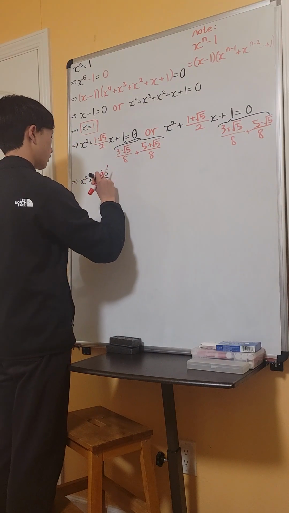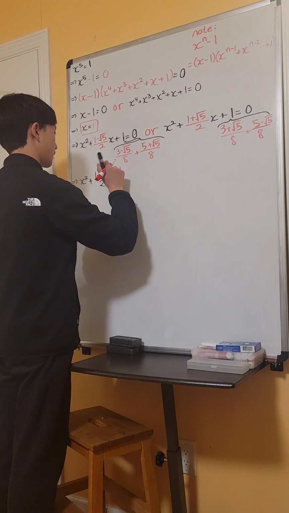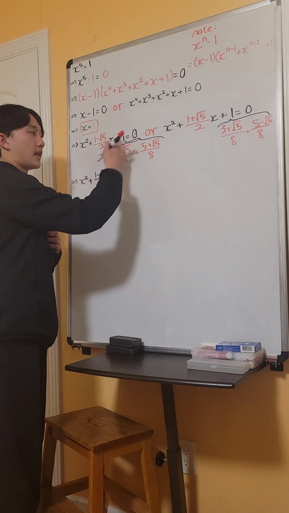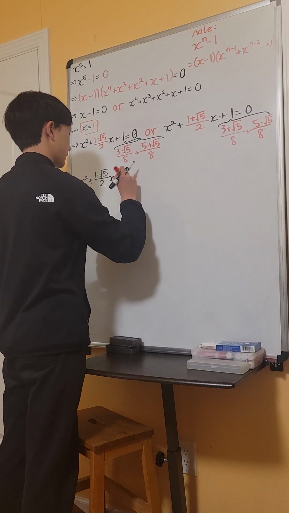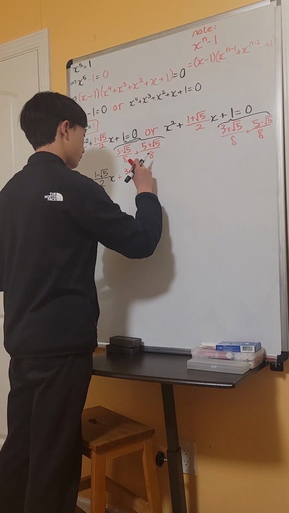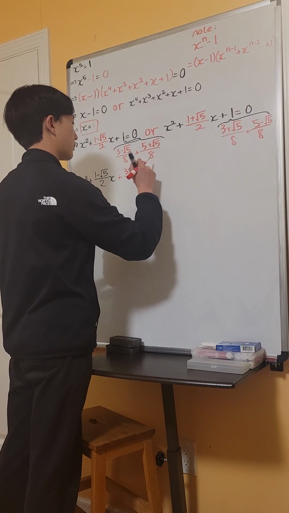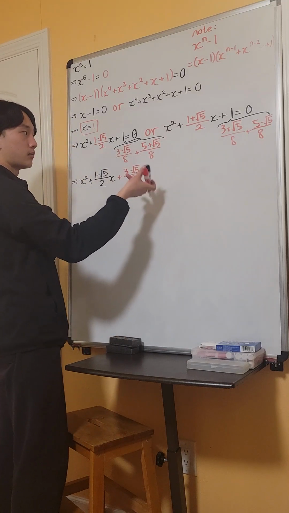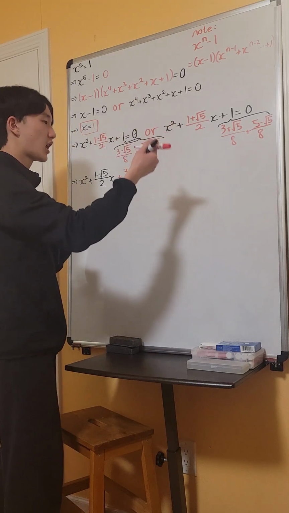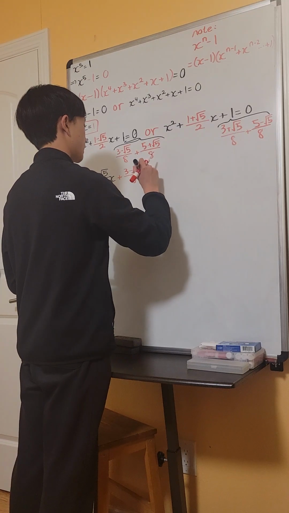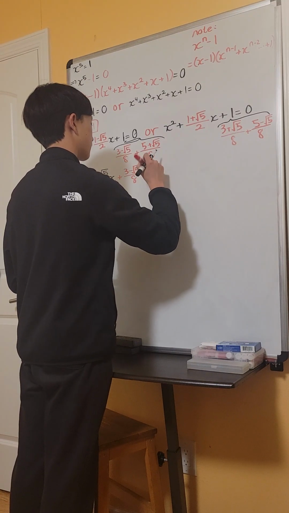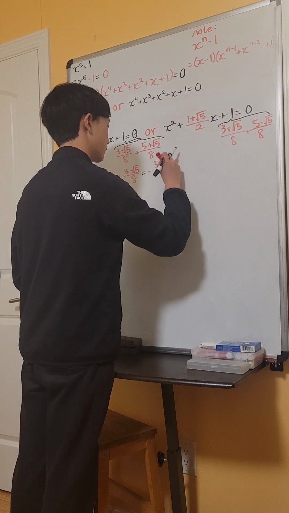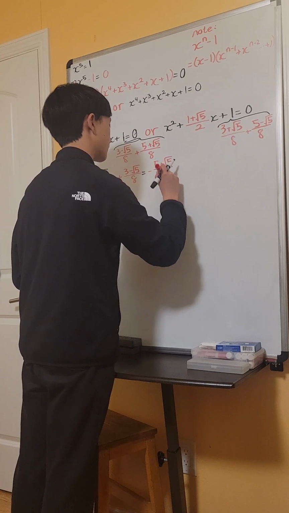Over 2x, right? But then here we want to add this value that completes the square and makes it a perfect square trinomial. And then remember, this would be adding here, but we want to move it to where the 0 is, so we subtract it on both sides. And then what you end up getting is a negative 5 plus root 5 over 8.